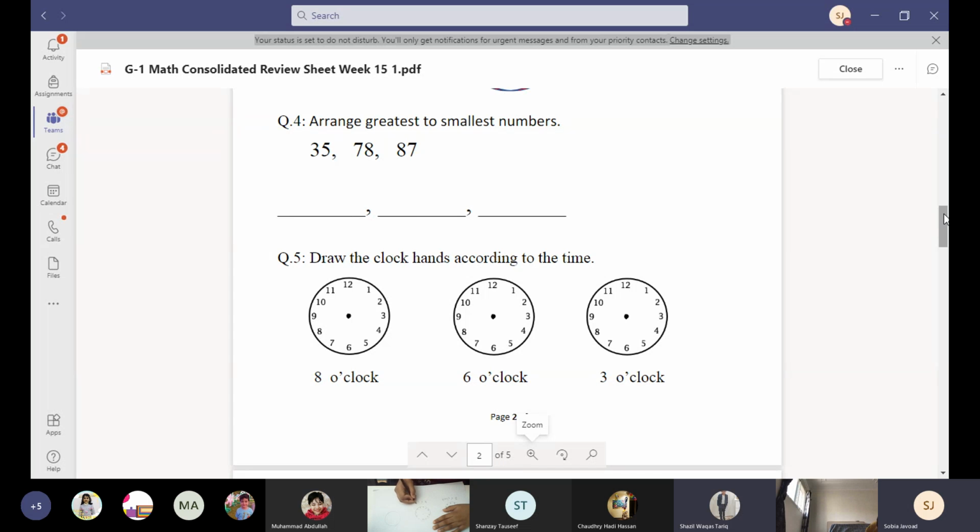Okay. Now show me your work. What is done? Shanze, on your camera and show me the work you have done. Hassan is where?